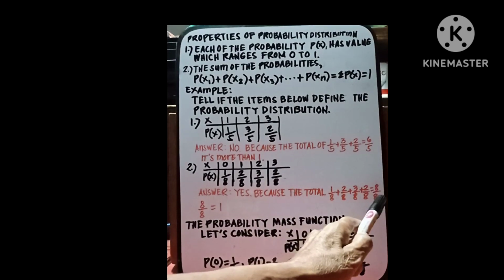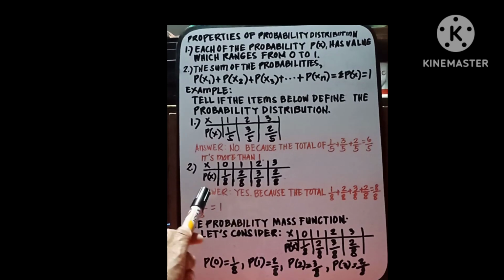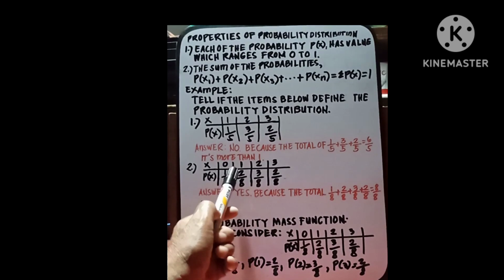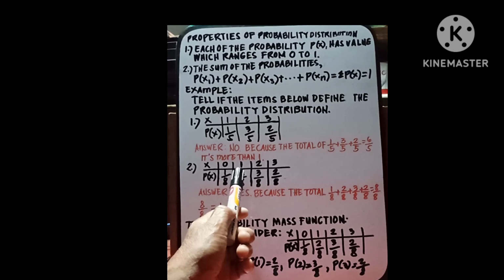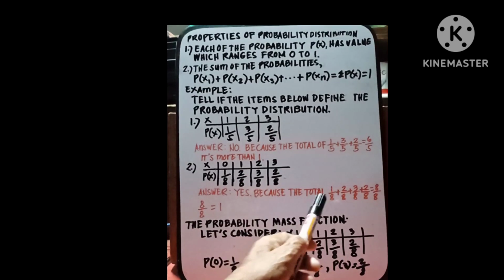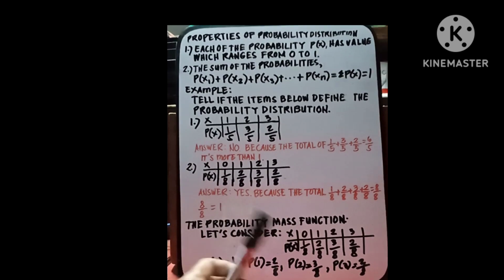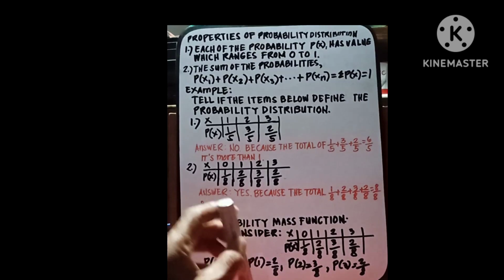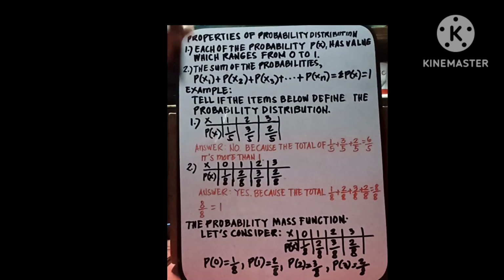Therefore, it is 8/8 or 1. So the answer is yes. It is the probability distribution of the discrete random variable because the total of the probabilities is 1. So let us remember the property that the sum of the probabilities is 1, and the value of each probability ranges only from 0 to 1.